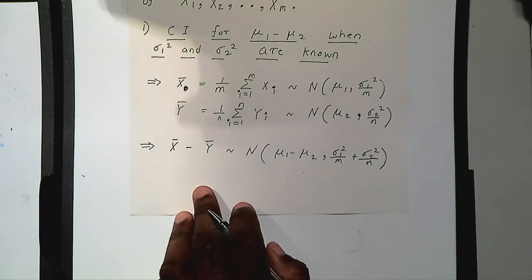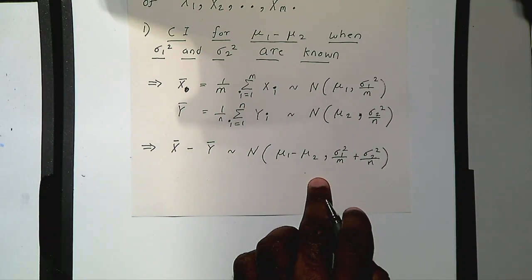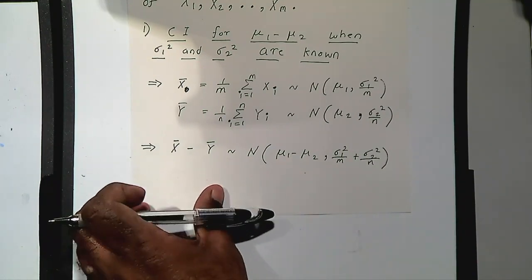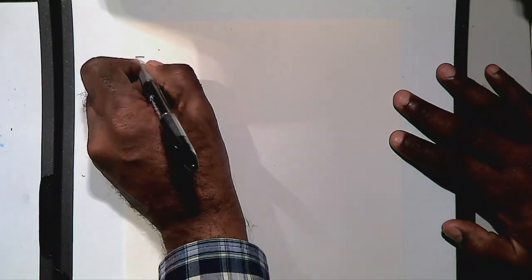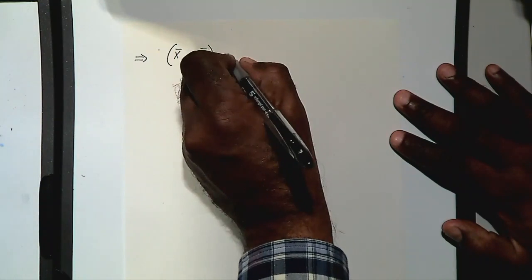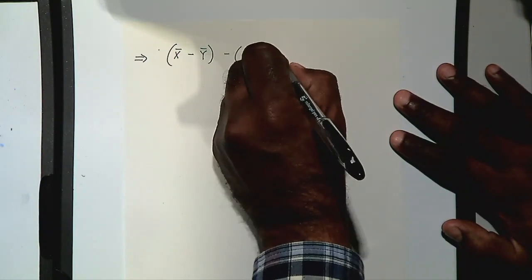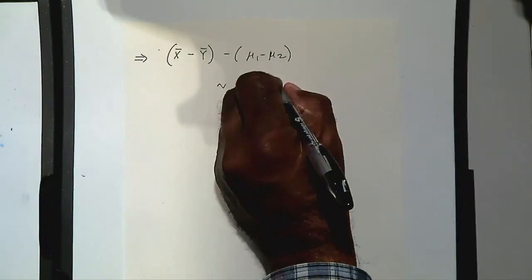Right? The difference will also have a normal distribution with these parameters. This is one of the properties I mentioned a long time ago. What this implies is the following. This difference here will have a normal distribution with parameter 0.